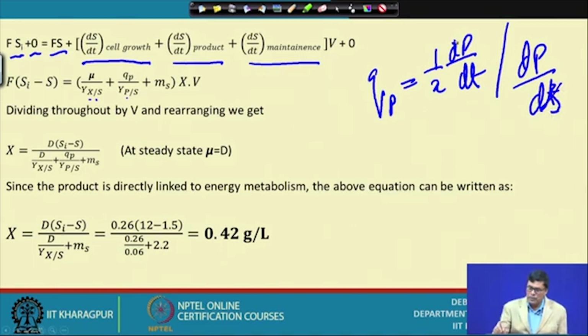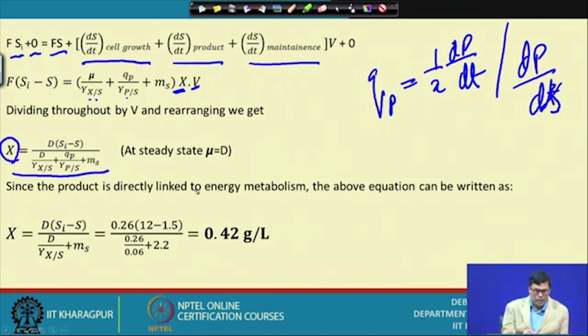The dP by dP will cancel, then it will be dS by dt, the specific rate of substrate conversion. If you multiply by X, you will get the amount of substrate utilized for the product formation, and if you multiply by volume, you will consider the whole volume. So, if you consider this, you can find an equation for X, the final cell mass concentration.